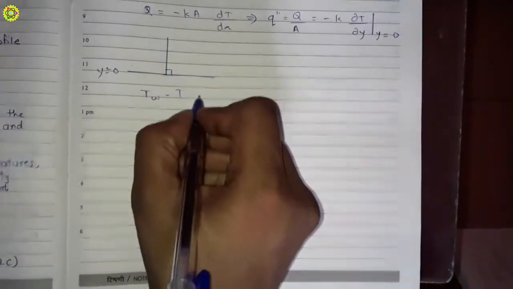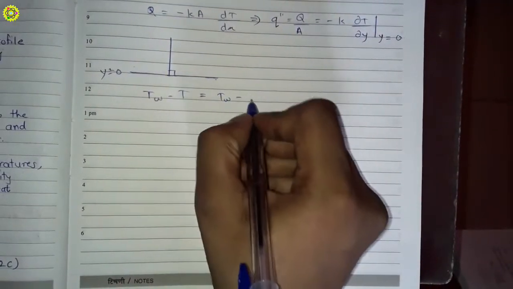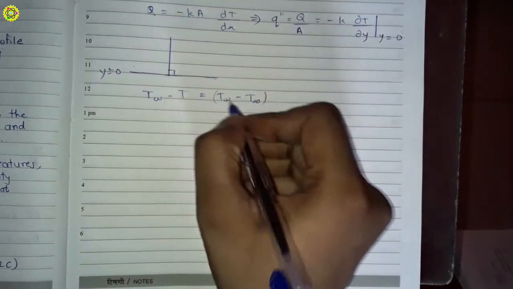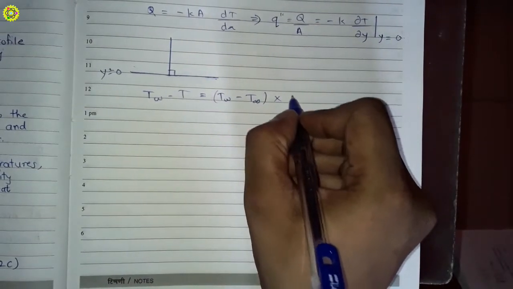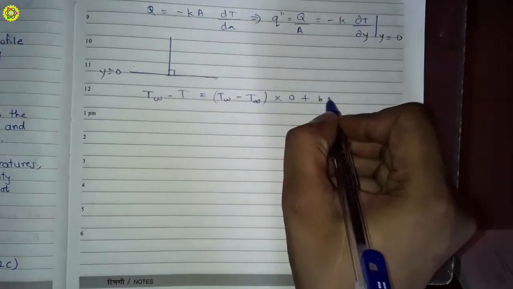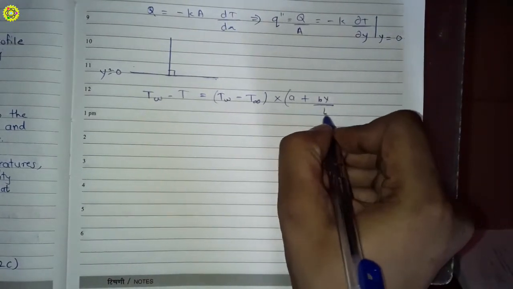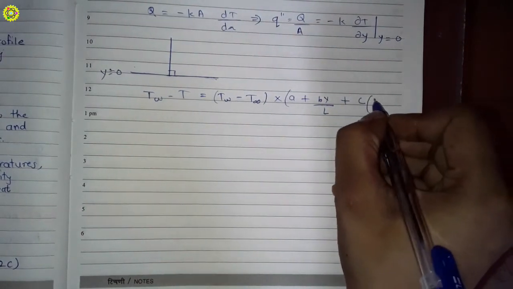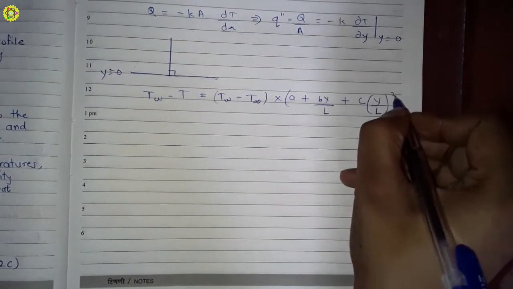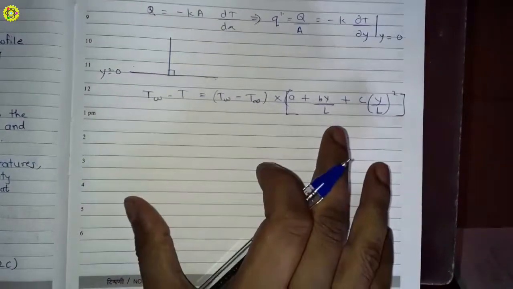So we have Tw minus T infinity into bracket A plus B y upon L plus C into bracket y upon L the whole square.